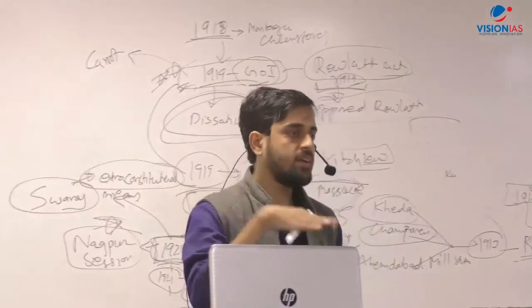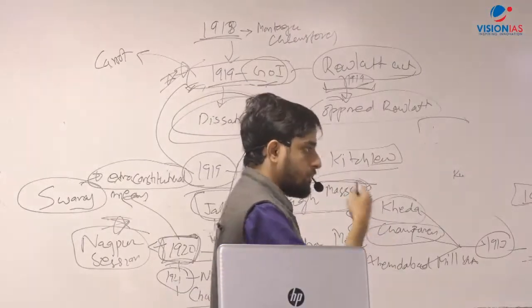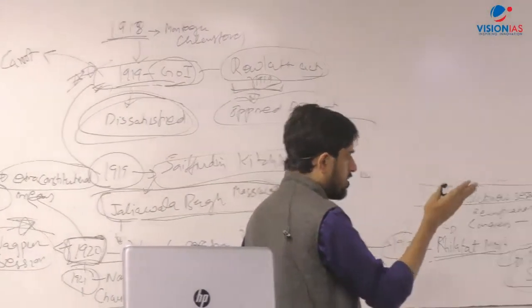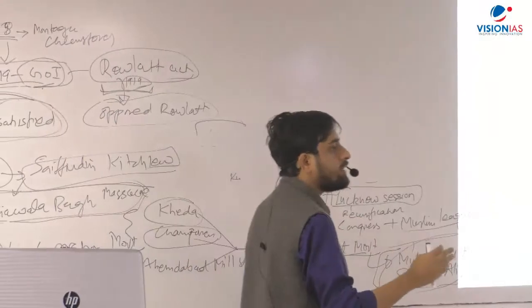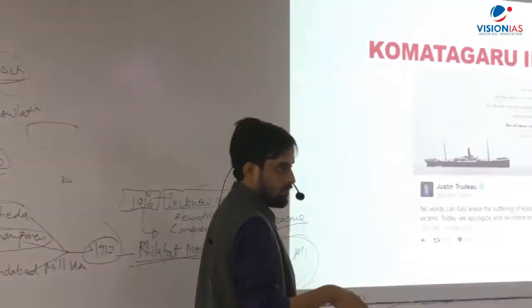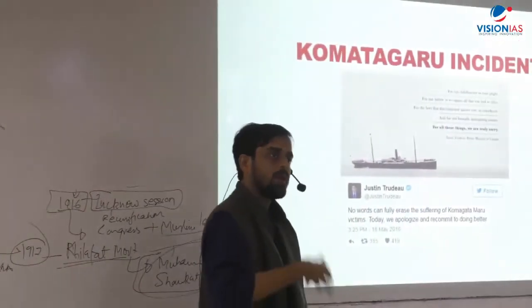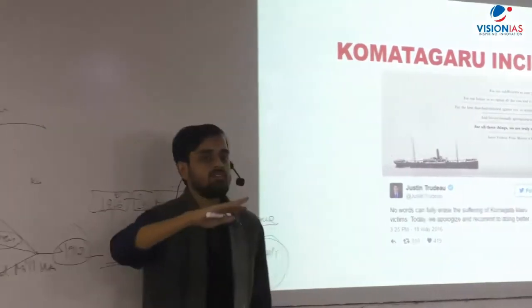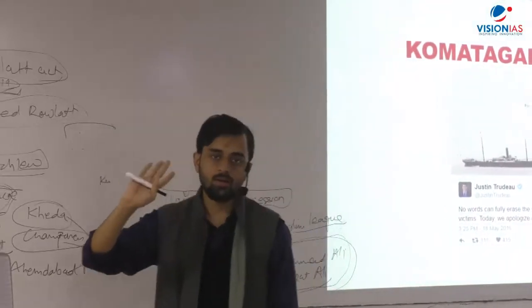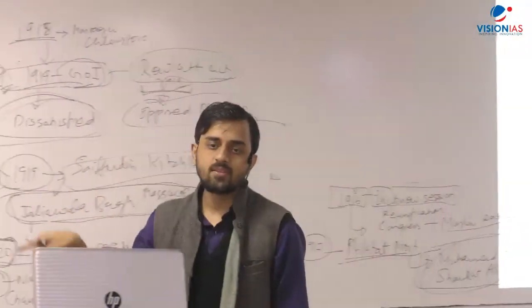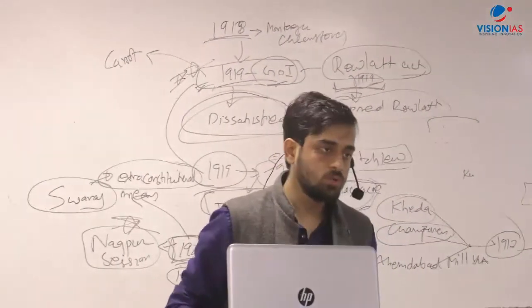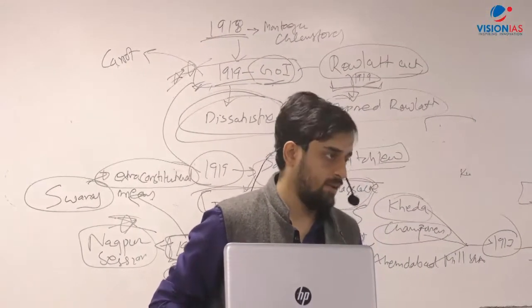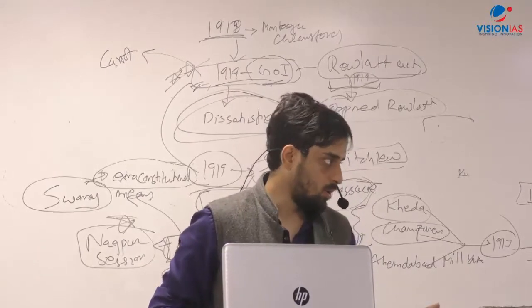So even after reaching Canada, they could not deboard because some of them were lacking certain official documents. And then the Canadian government, rather than allowing them to deboard, sent the ship back to Calcutta. Now, when the ship reached Calcutta, a number of these migrants refused to deboard, saying that they wanted to go to Canada.